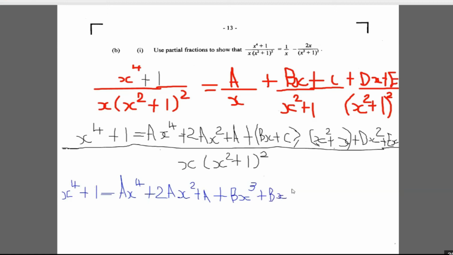And then c times x squared is now cx squared. Plus c times x is just cx. Plus dx squared plus ex.